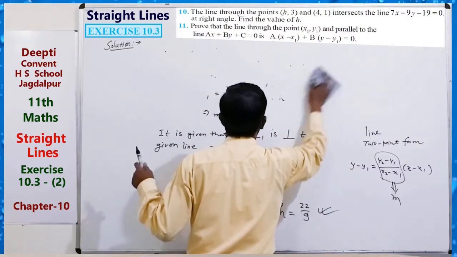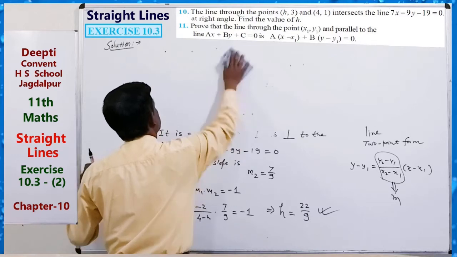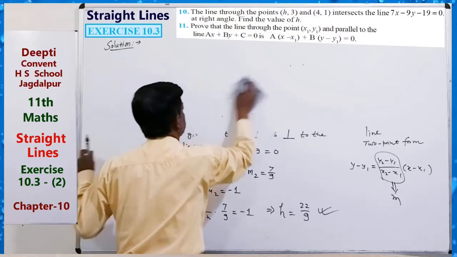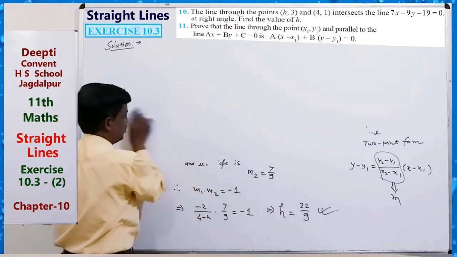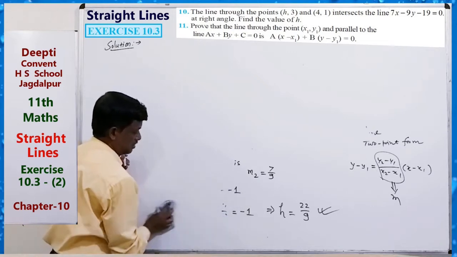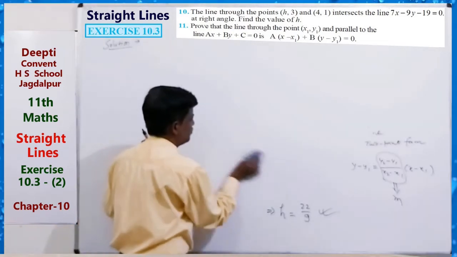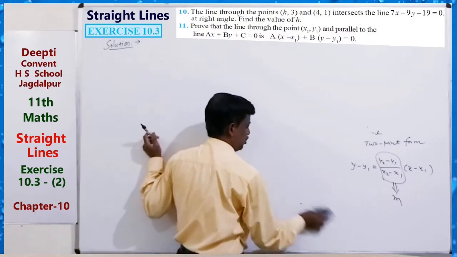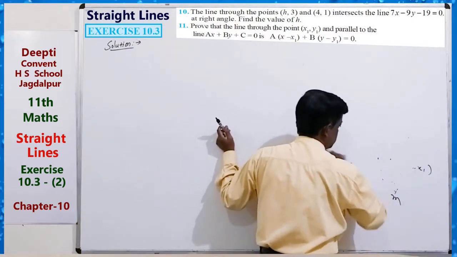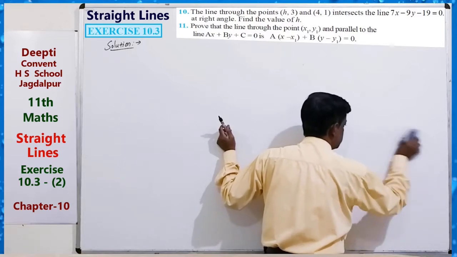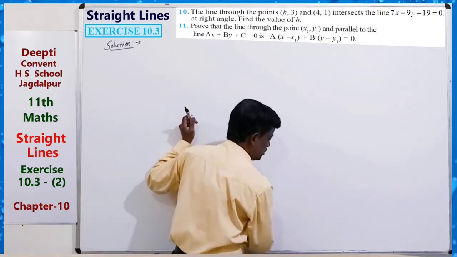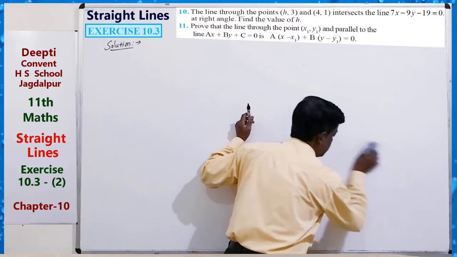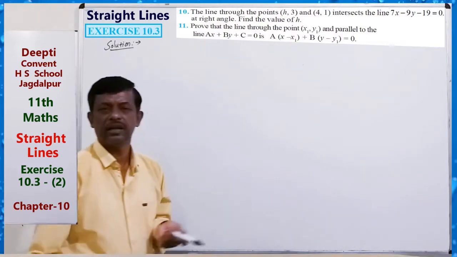For a parallel line, just remember that whenever we have to find a line parallel to another line, only the constant term is different and the other part is the same. Or we can use the point slope form, for a line passing through a point and having a given slope. Because the line is parallel to the given line, you can find the slope of the given line and use it for the required line.